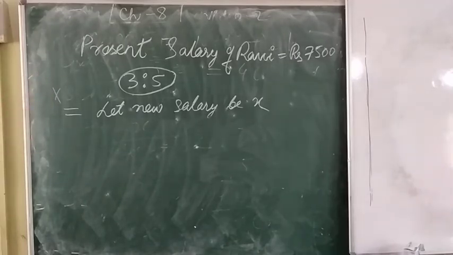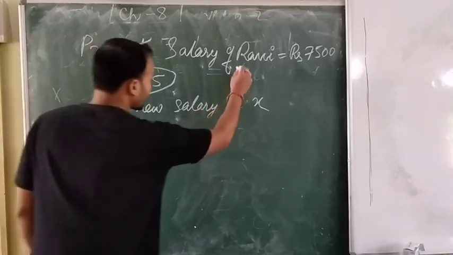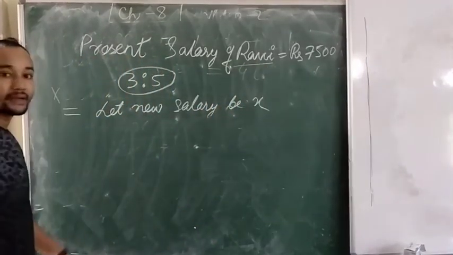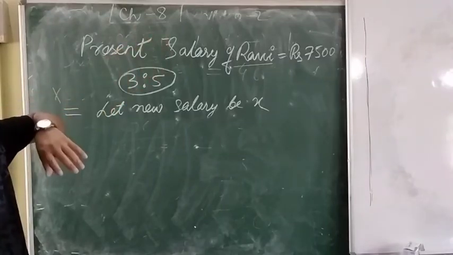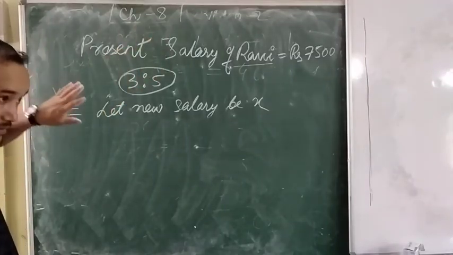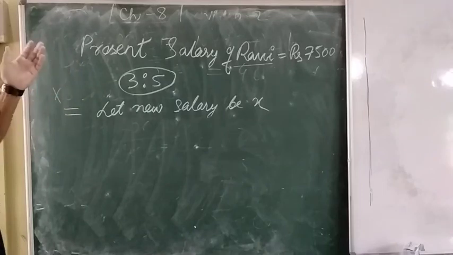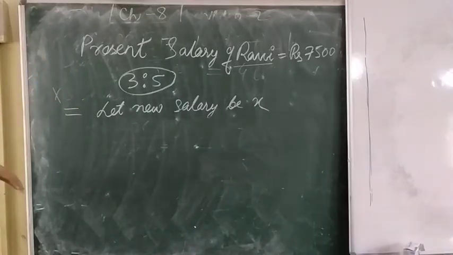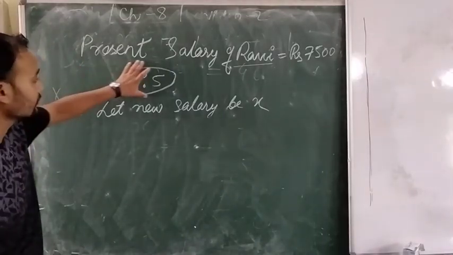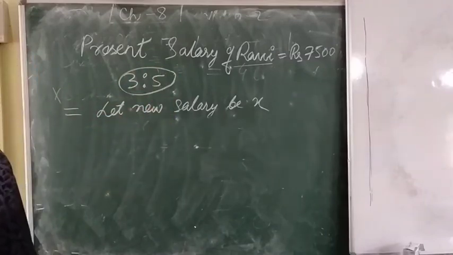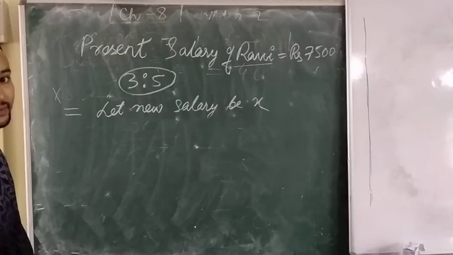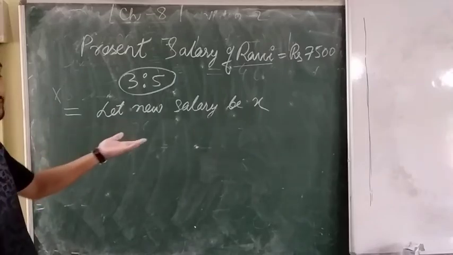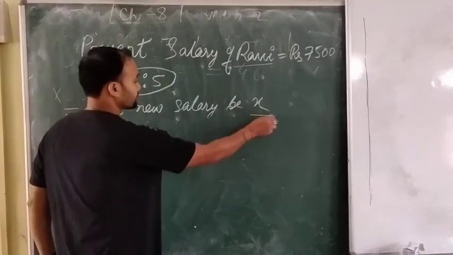Find his new salary. There is a particular person, his name is Ravi. At present he is drawing a salary of 7,500. But recently his salary is increased, and the ratio is 3:5. The question is asking what is the new salary of Ravi. Since we don't know the salary, we consider it to be x.